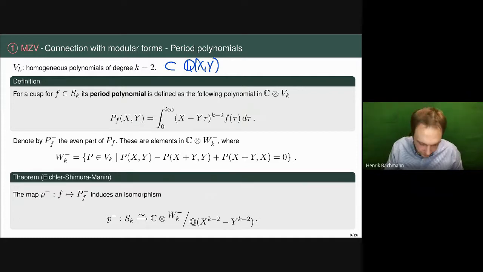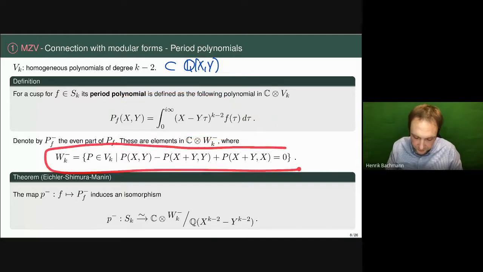And now, for this story, I will just be interested in the even part of this polynomial, which I denote by a minus, meaning I just take the even monomials. And then the space of polynomials where this lands can also be described explicitly like this.